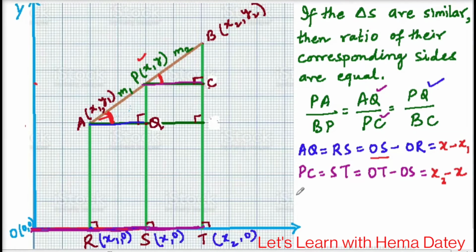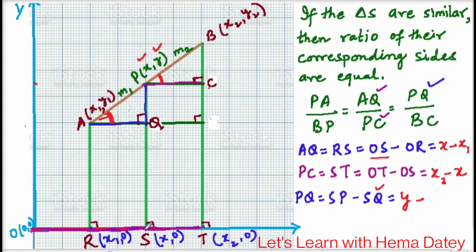Let's find out PQ. PQ is PS or SP minus QS or SQ. Now SP is what? It is the distance from x-axis. So we can write y.